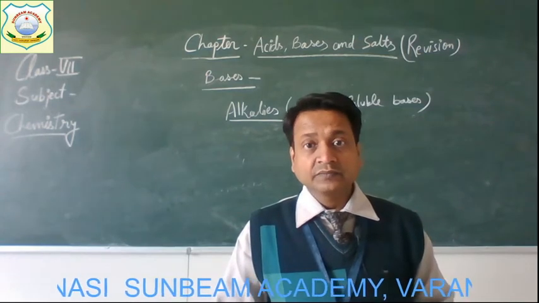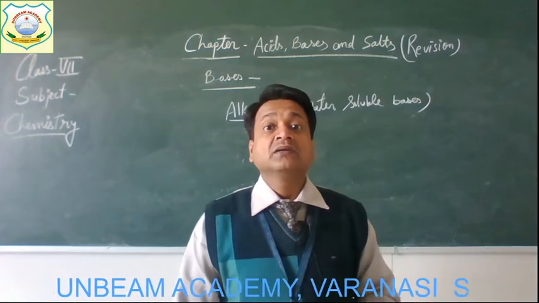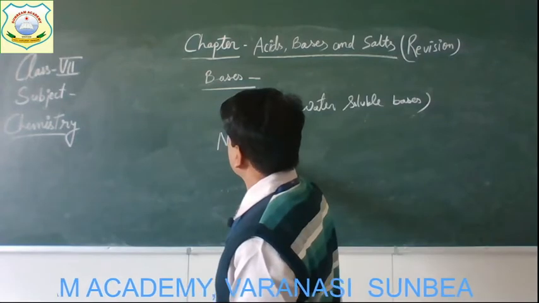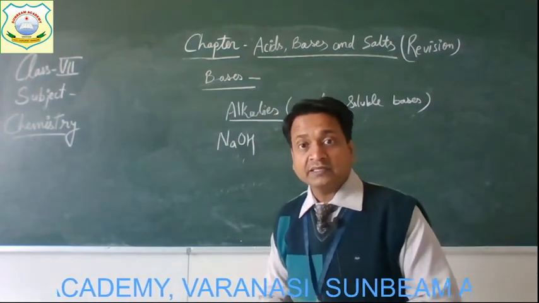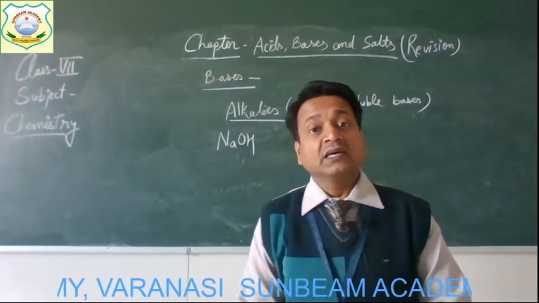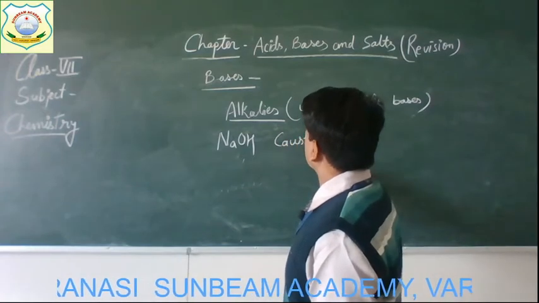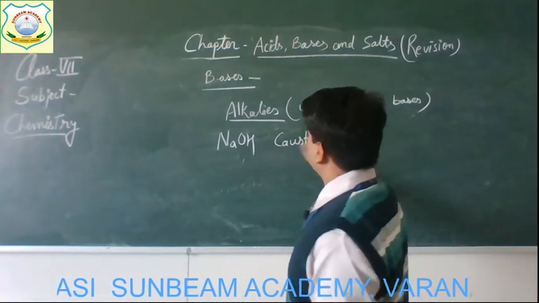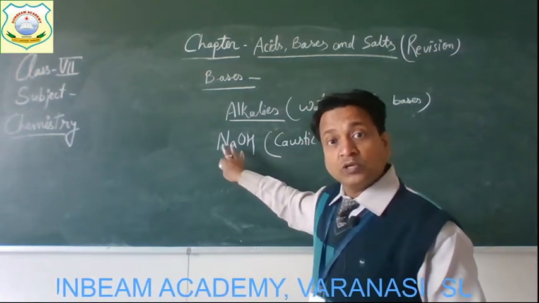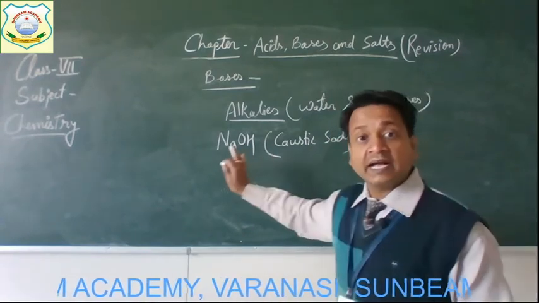Alright, children? Now, some examples of bases are sodium hydroxide, and the formula is NaOH. It is commonly known as caustic soda. So the chemical name of NaOH is sodium hydroxide and the common name is caustic soda, and this is a kind of base.